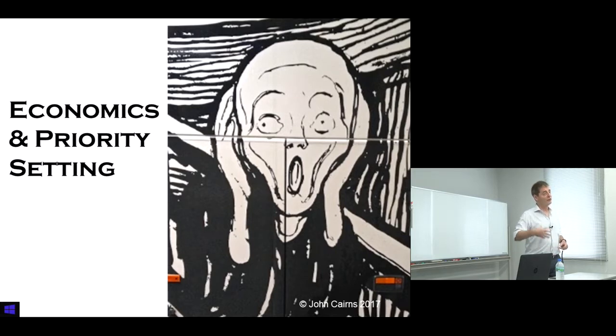I ended that lecture by making the argument that it's the other way around. It's unethical not to consider economic aspects. Now, I'm choosing my words carefully here. Unethical not to consider. I'm not saying you must use economics and the economics somehow takes your decision, because it doesn't, or it shouldn't.